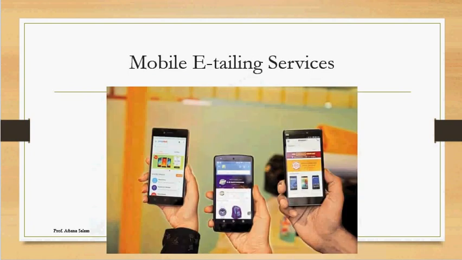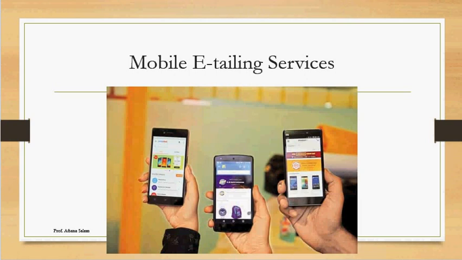E-tailing is typically defined as a new kind of customer purchasing experience where consumers buy using mobile phones and collect at home or at the store, anything. So now it is possible with the mobile phone. Only with your mobile phone you will be able to purchase online.